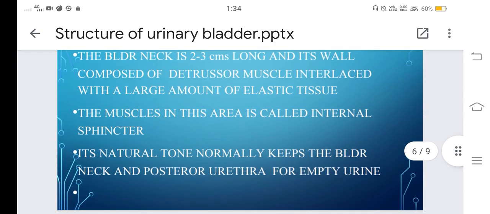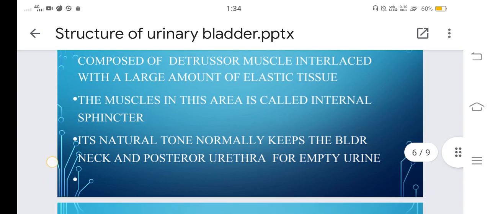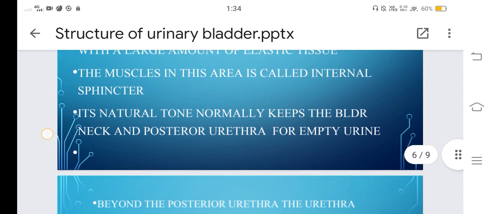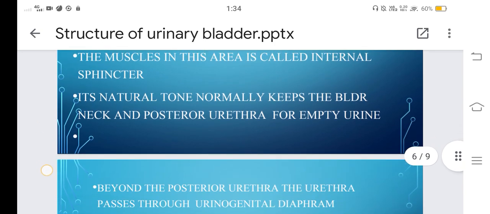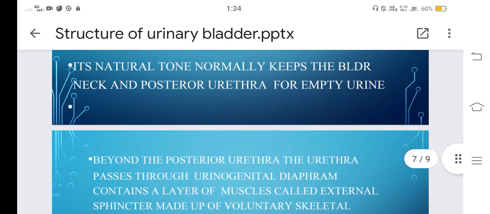The bladder neck is 2 to 3 centimeters long and its wall is composed of detrusor muscles interlaced with a large amount of elastic tissue. The muscles in this area are called the internal sphincter. Its natural tone normally keeps the bladder neck and posterior urethra empty of urine.